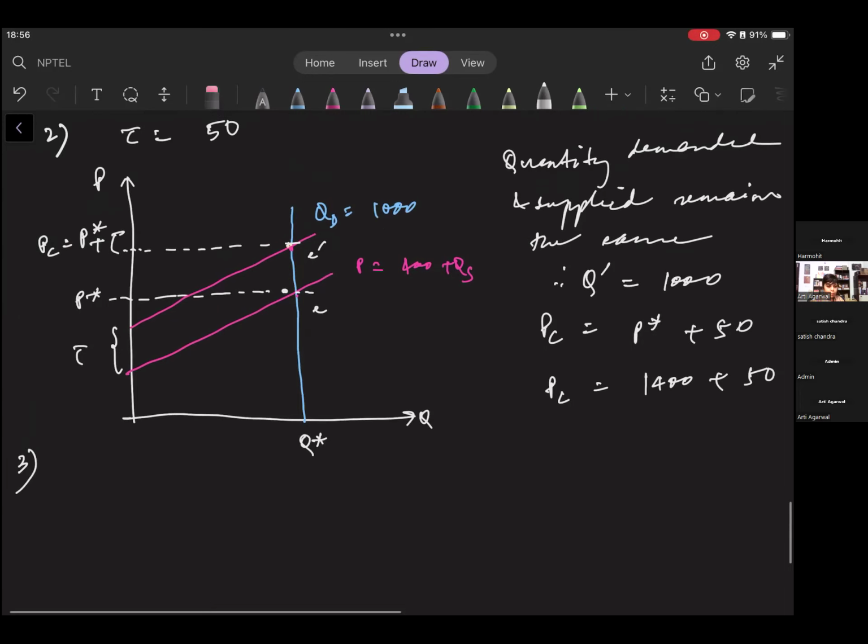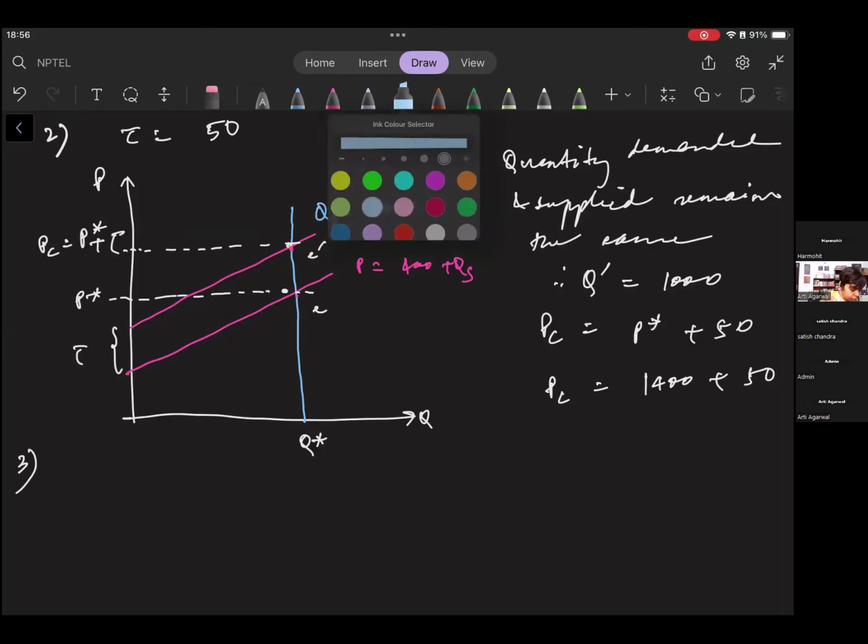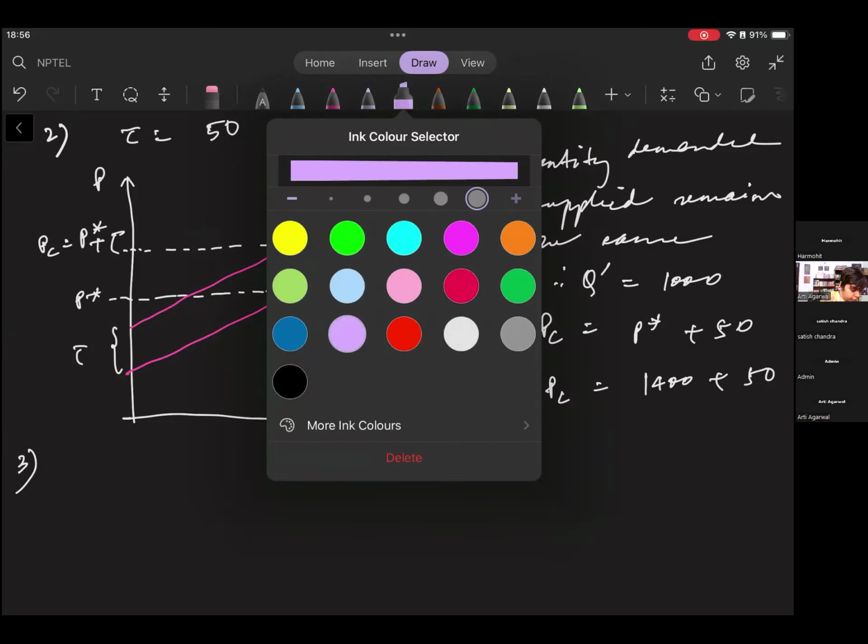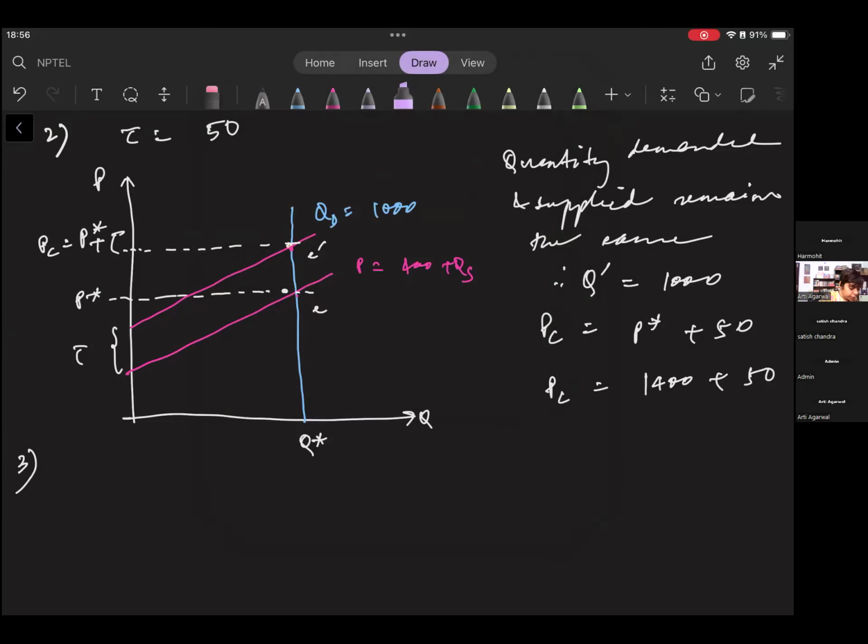Okay, now let's go to the third part, where we are asked what the producer and consumer surplus are after the tax imposition, what the deadweight loss is, and what tax revenue is generated by the government. In this diagram, I'll shade it. Let me draw diagrammatically first before we calculate.